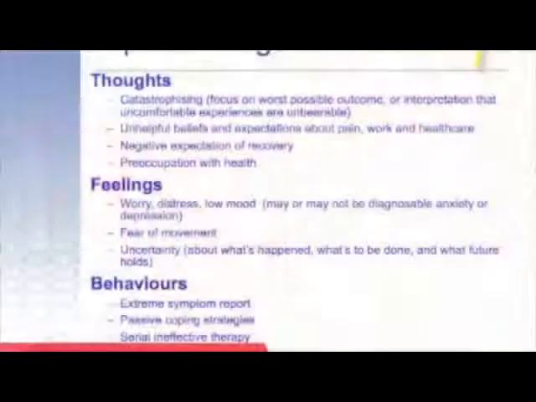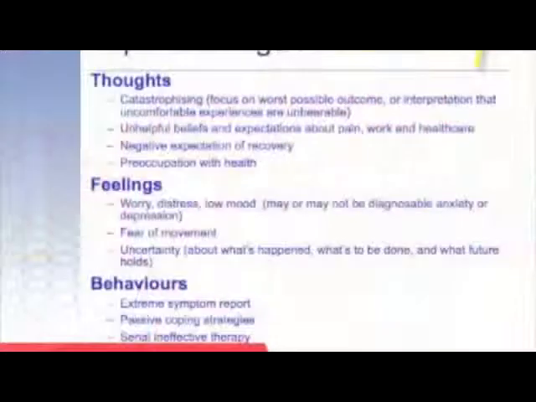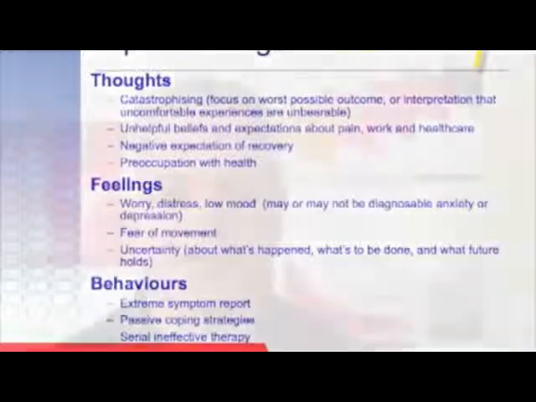Another feeling that's important to identify is uncertainty, doubt about what's happened, what's going to be done and what the future holds. There are some behaviours that are worth looking out for as well, and these include extreme symptom report, passive coping strategies, that can be withdrawal from activity, rest, and also carrying on seeking serial ineffective therapy. In other words, looking for treatment to be continued when it hasn't worked or is making little or no difference.